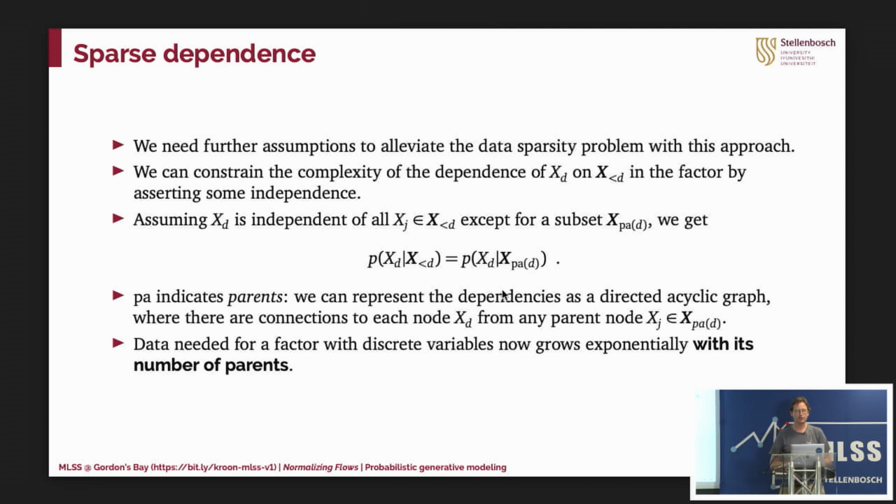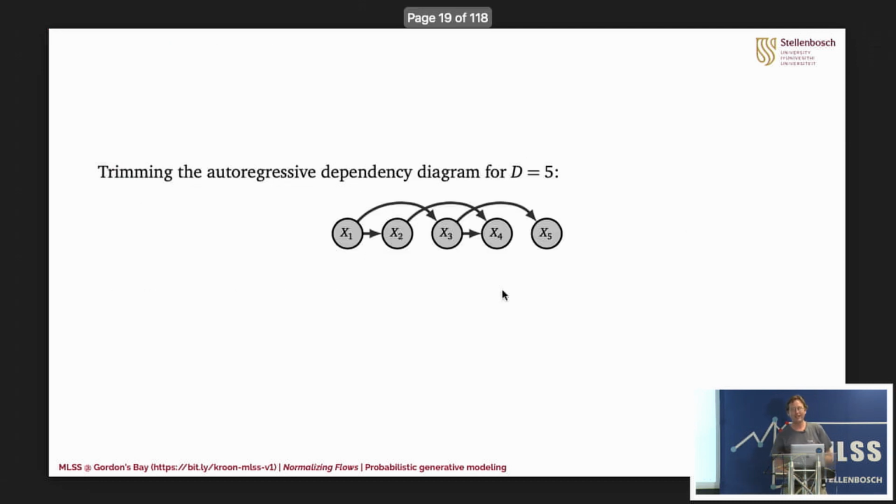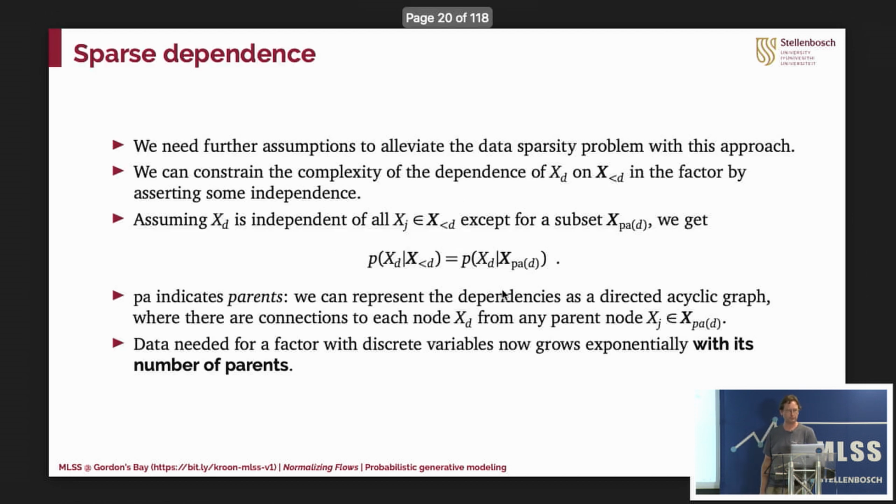Okay, so for our sparse dependence, we need some sensible reason for chopping out certain arrows. You could just throw any randomly chopped out arrows at a problem, but that's not likely to work very well. But there are common assumptions, like the Markov assumption, that allow you to eliminate very many edges.